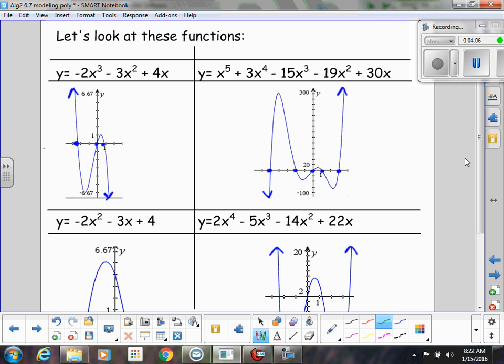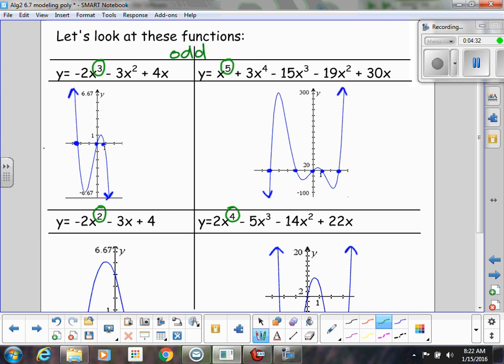So if you've had some time, and sometimes it's hard to find these patterns, but if you look at the degree, and remember we said degree is the highest power. Okay, so I'm going to focus your attention on the degree. Do you see how the degrees up top, the top two graphs, are odd numbers, they're 3 and 5. So these are odd up here.